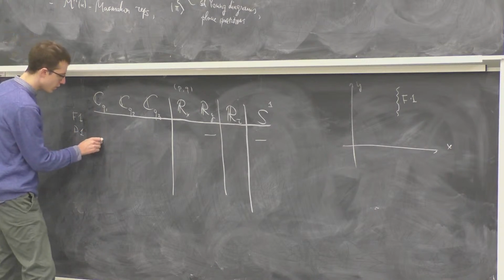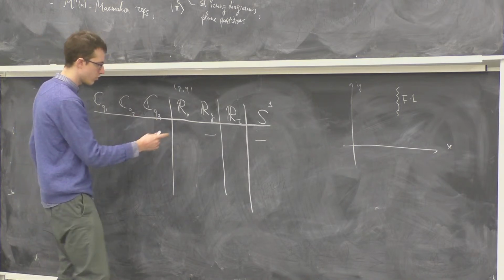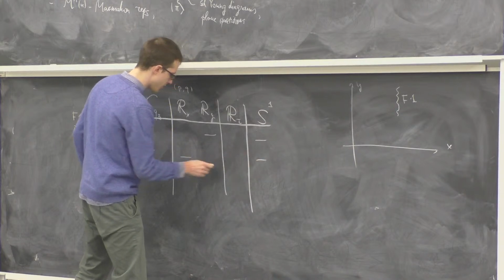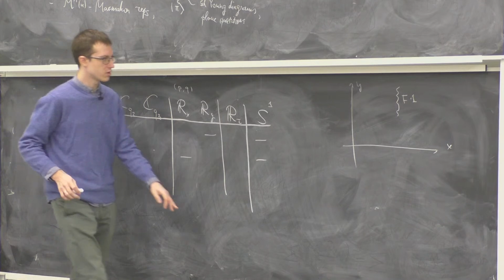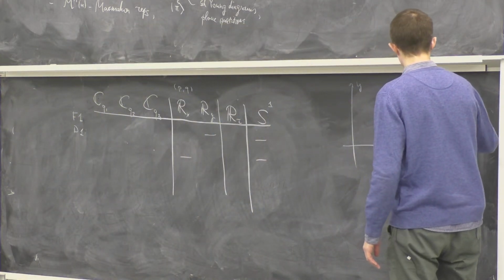So for D1, therefore, it also points like in these directions and sits at the origin, but here it's different. It also spans S1, okay? But here it spans X. So I have here this D1.